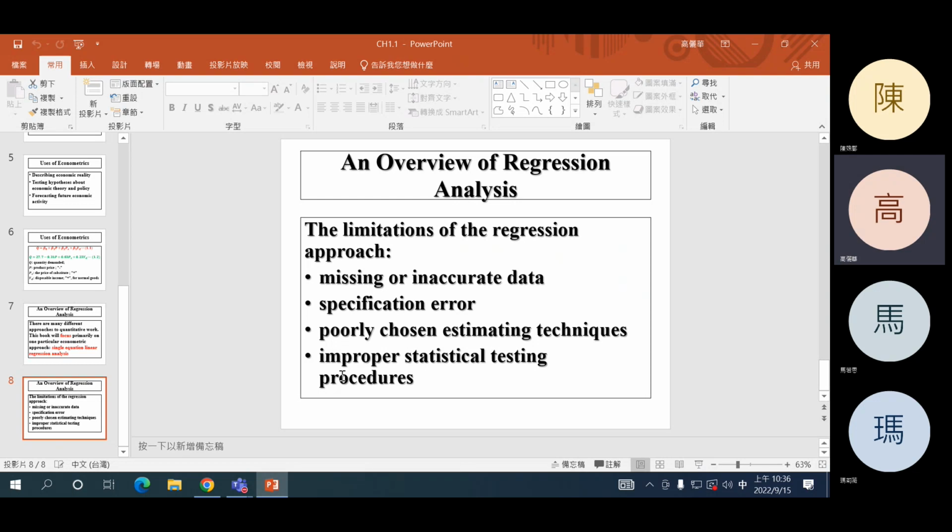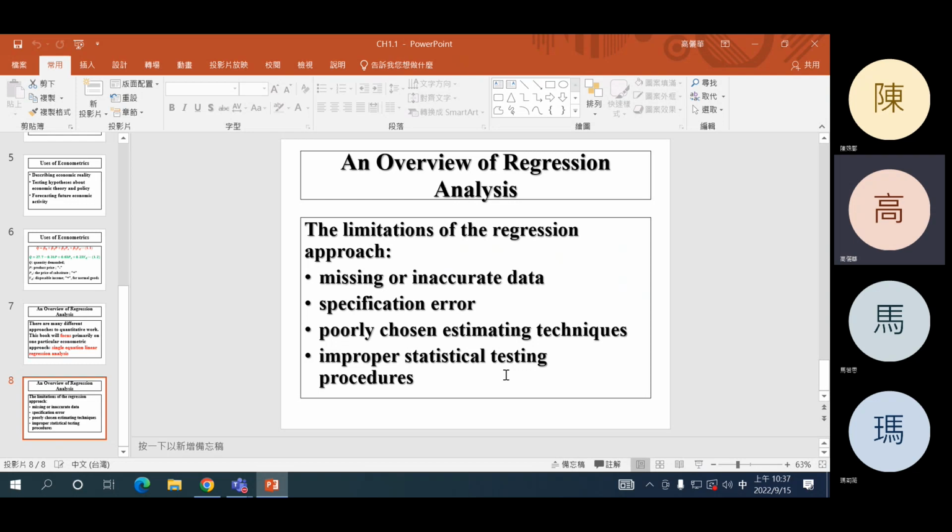The fourth limitation is improper statistical testing procedures. I'm talking about hypothesis testing, which is in our chapter 5. We need to go from chapter 1, 2, 3, 4 up to chapter 5.